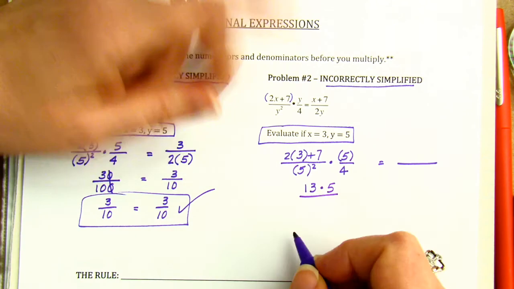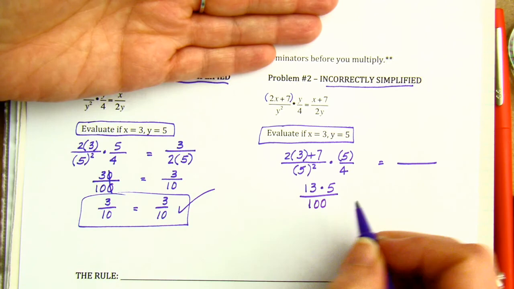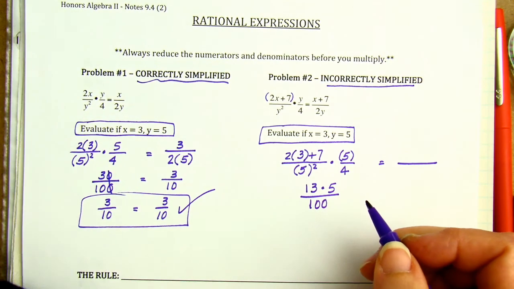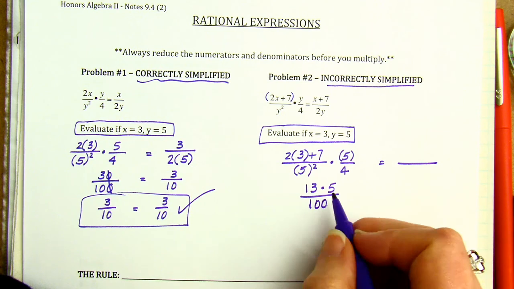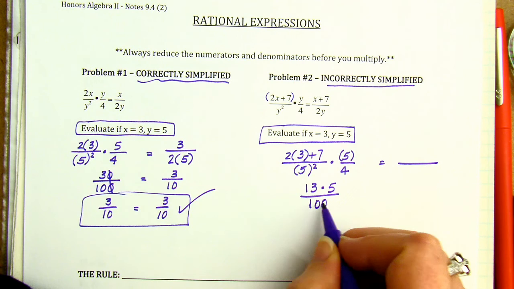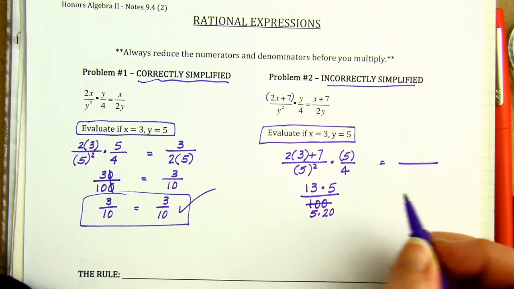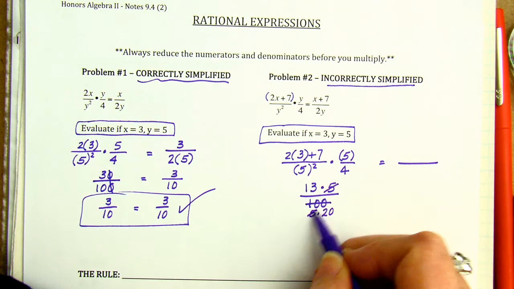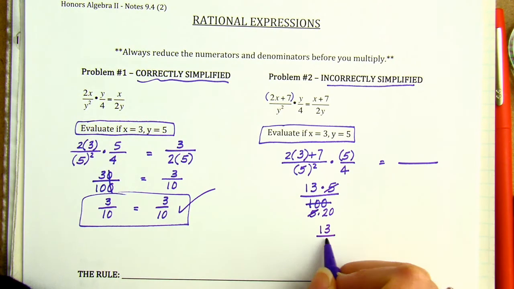In the bottom here, I get 100. Well, 5 and 100 have something in common, a 5. I could rewrite the 100 as 5 times 20. I could divide out the 5s. Well, what do I have on the left side? 13/20.